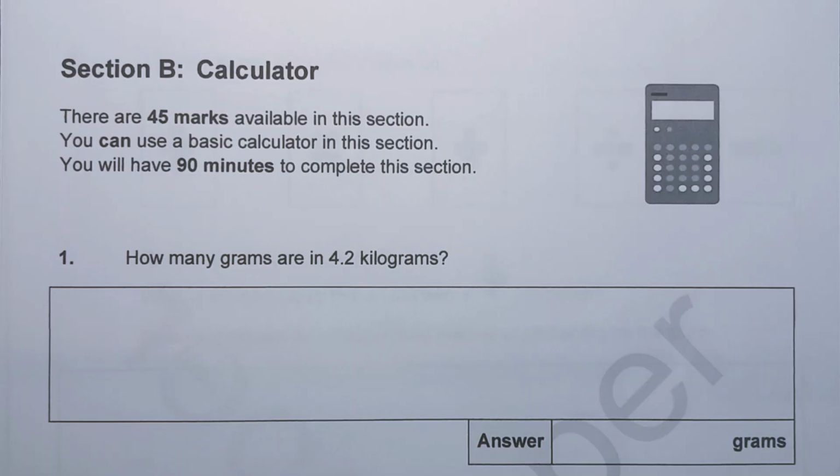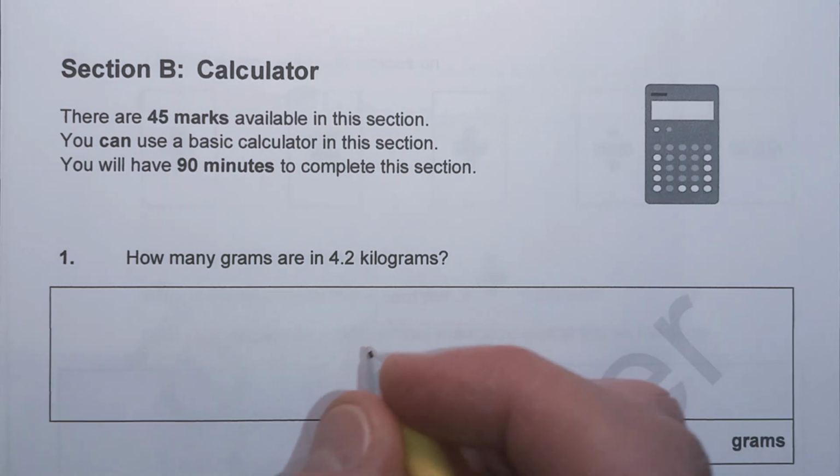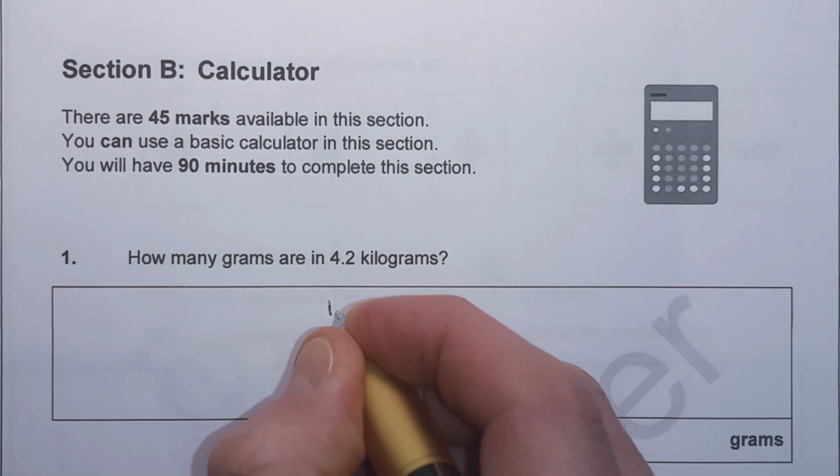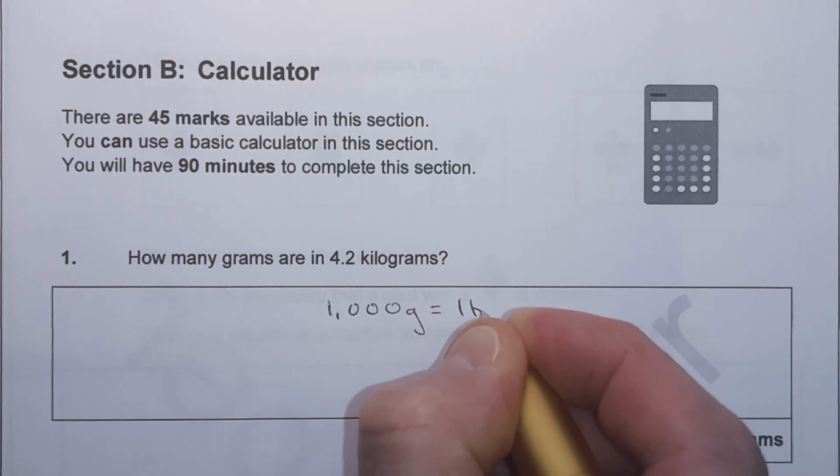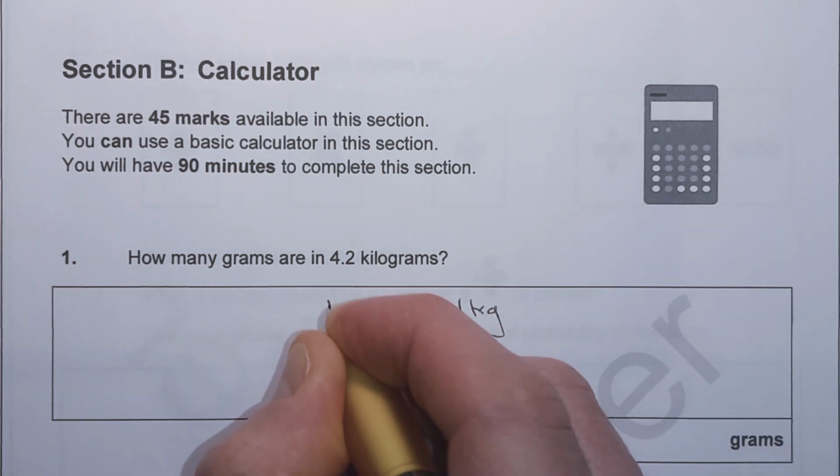And now for the calculator section. Question 1. How many grams are in 4.2 kilograms? Well, I know that we've got 1,000 grams in 1 kilogram.